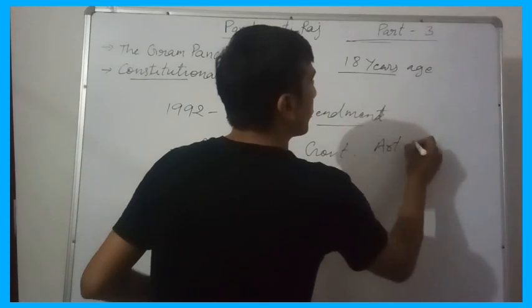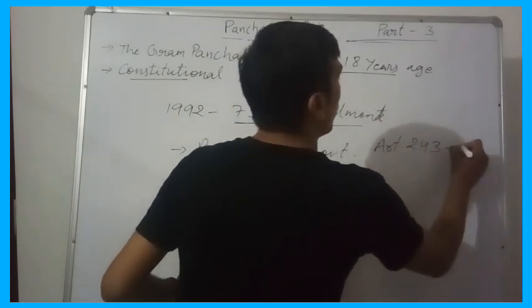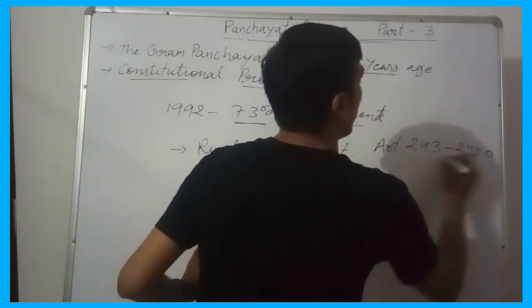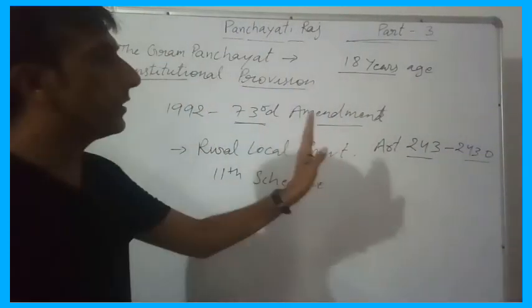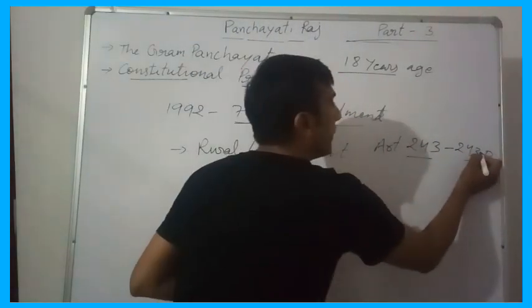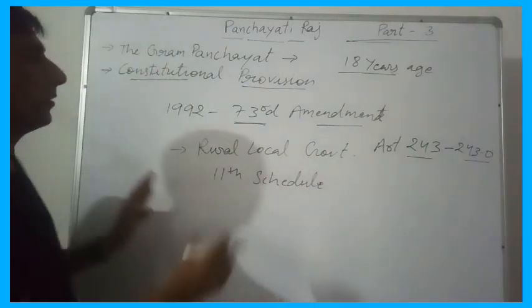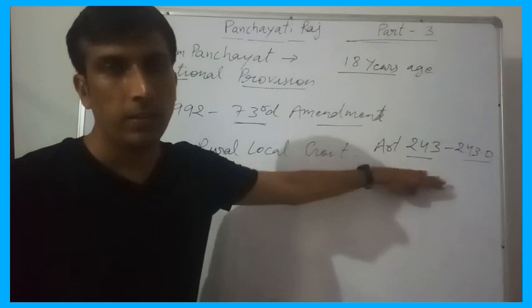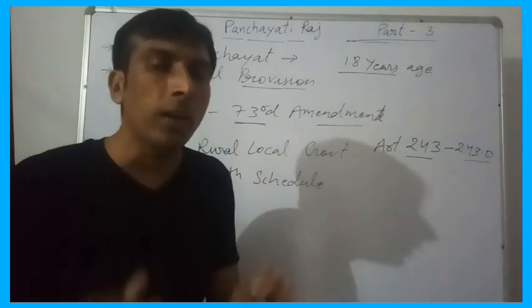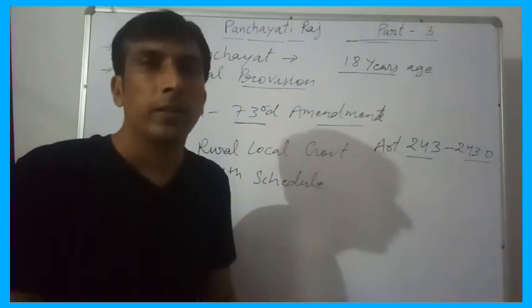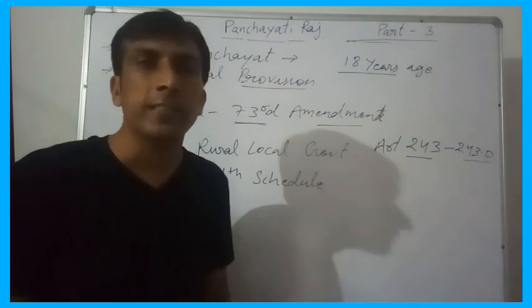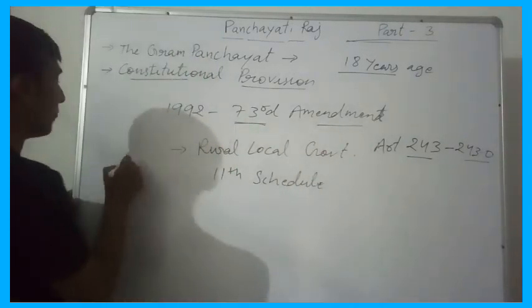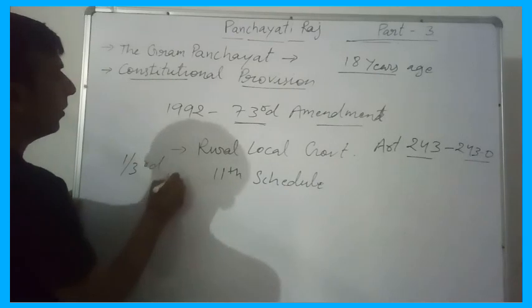Article 243 to 243O, right. The provisions of gram panchayats have been explained in these articles. Gram panchayats means rural local government. It has 3-tier governments, and 1/3 seats reserved for women.